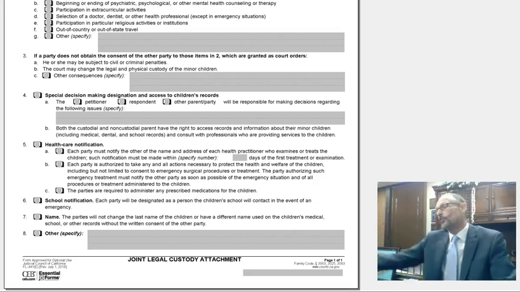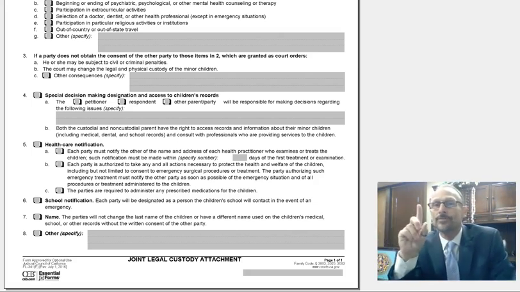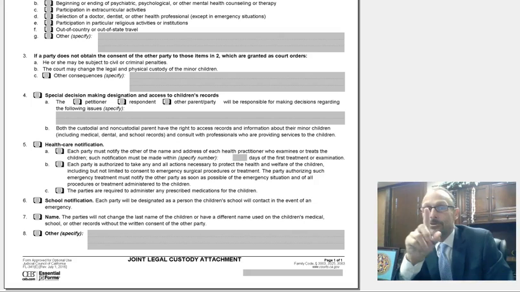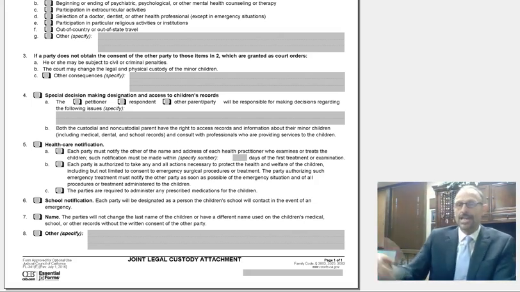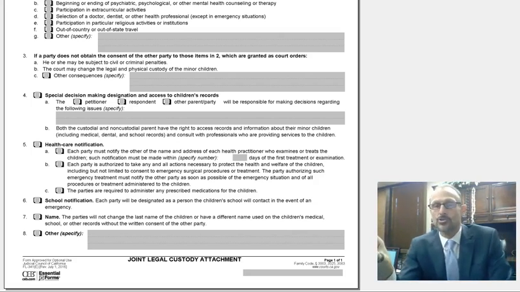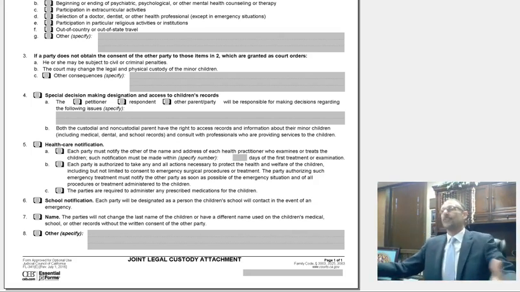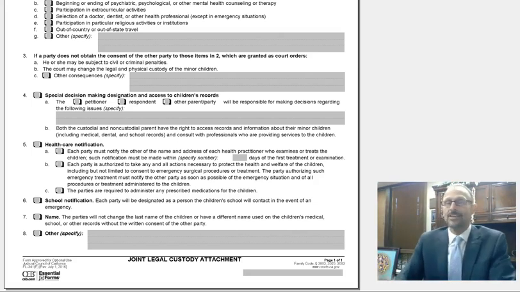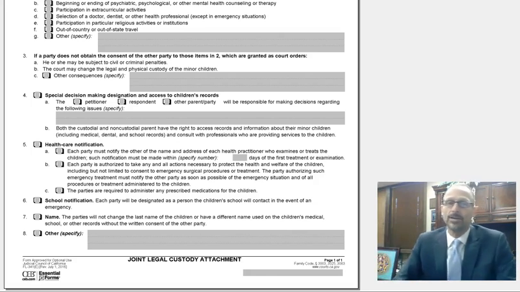If you guys agree to it, or if the court orders it, don't mark the school box up in number 2, and then you can mark, say, petitioner, and then put all issues with regard to schooling and education or something to that effect in this box. Or it could be healthcare or whatever it might be. If one parent is going to have specific control over one particular health, education, or welfare issue, this is where you put it, number 4.